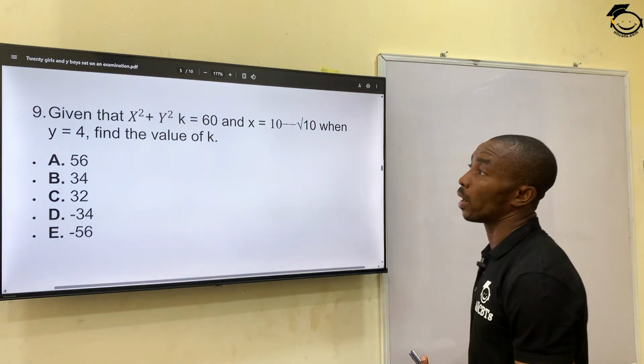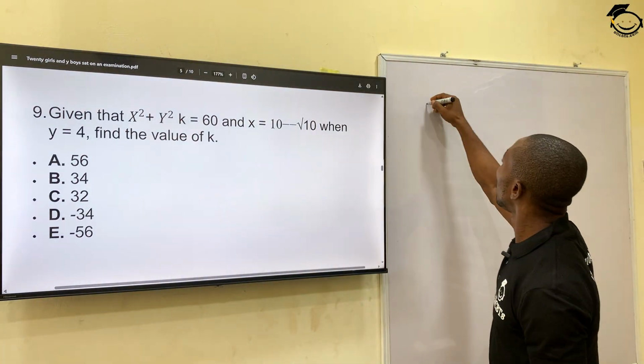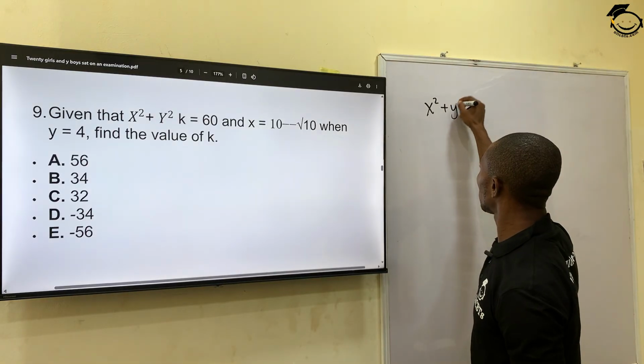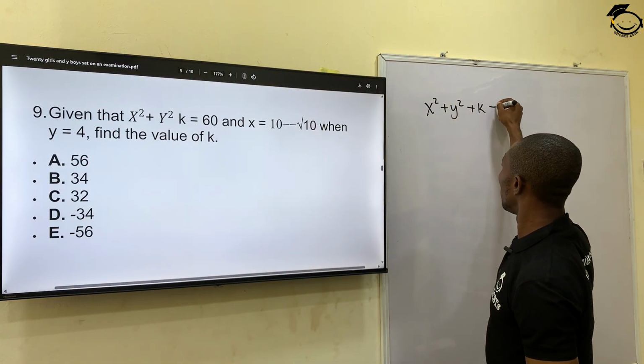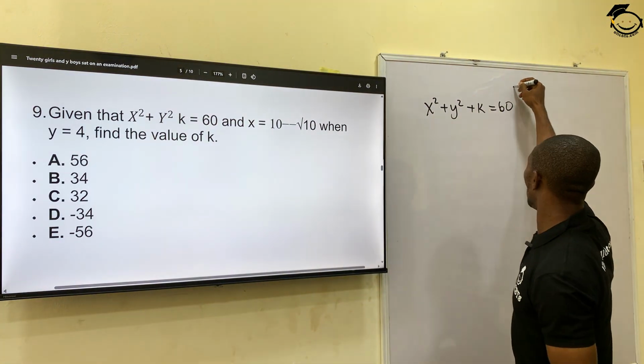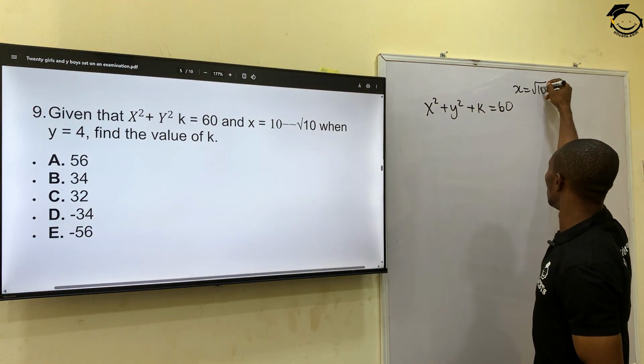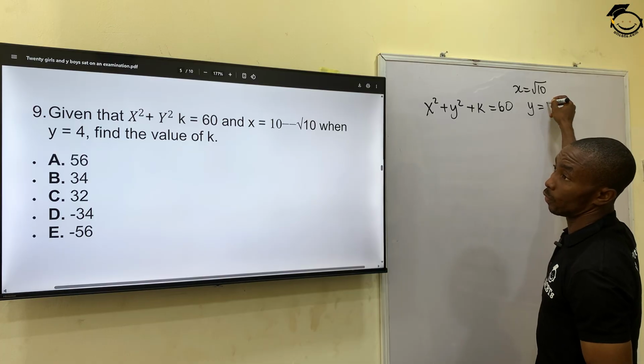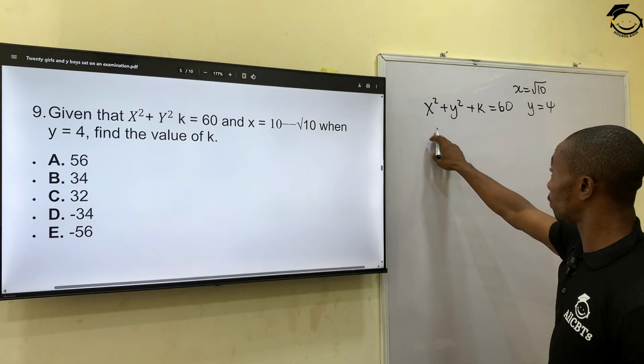Given that x squared plus y squared plus k equals 60, they said when x equals root 10 and y equals 4, we should find the value of k.